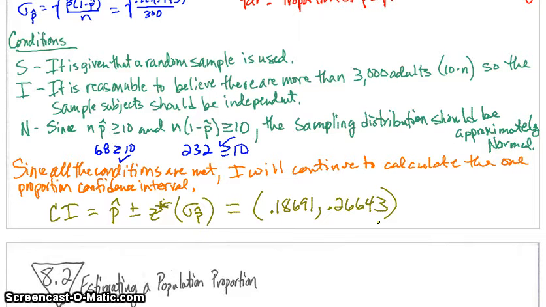What's the second half? I ask you to calculate and interpret. So what do I need to do next? I need to write my interpretation.